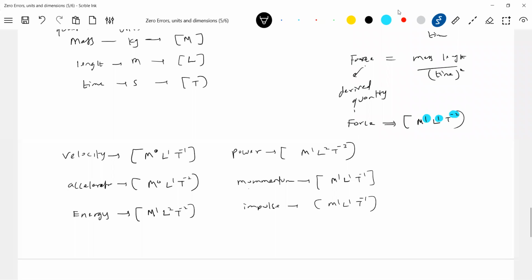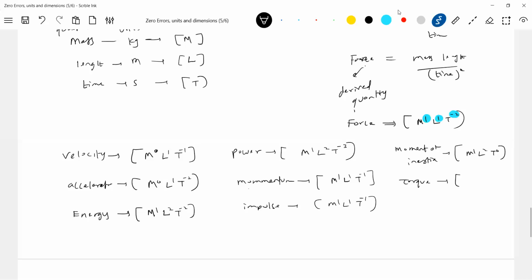Next, come to torque and moment of inertia. Moment of inertia is mr square, so M1, L square, T0.